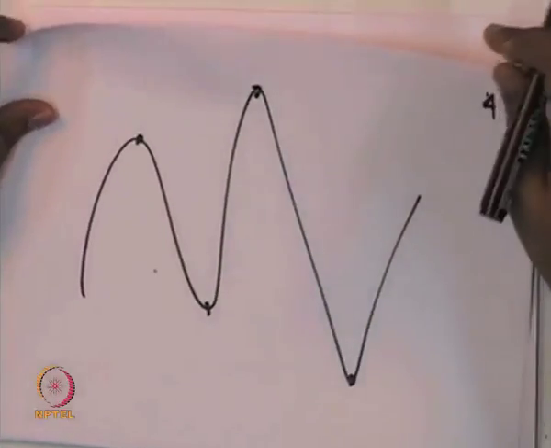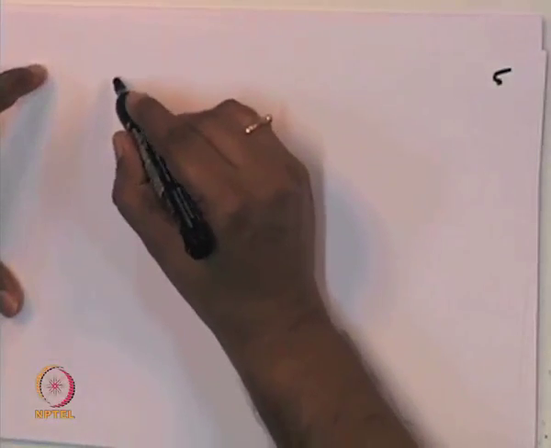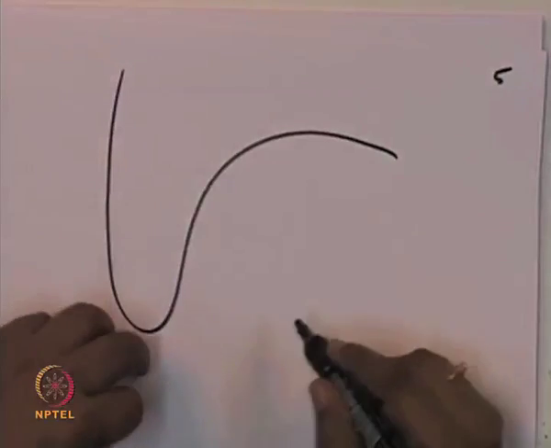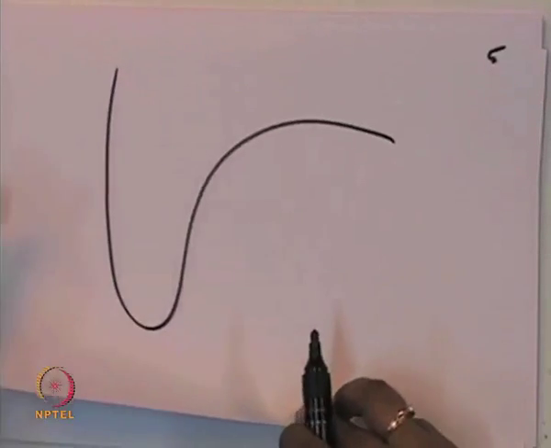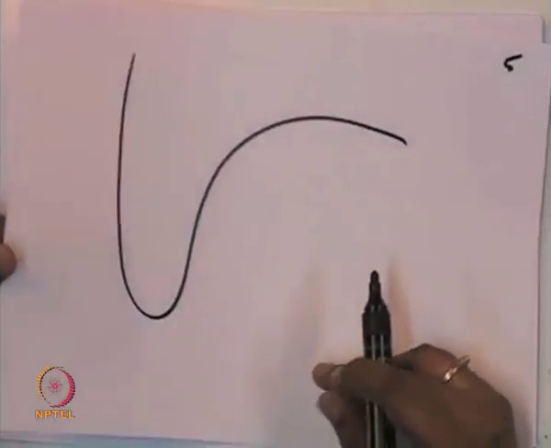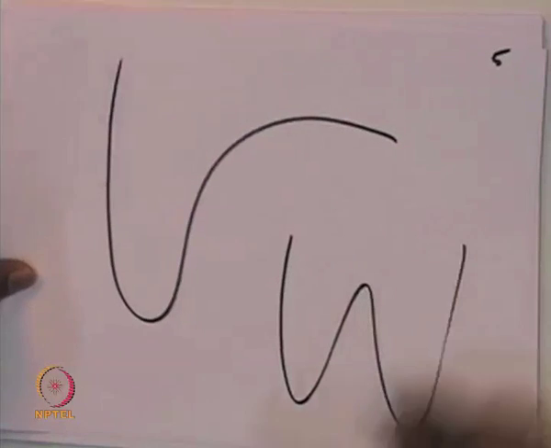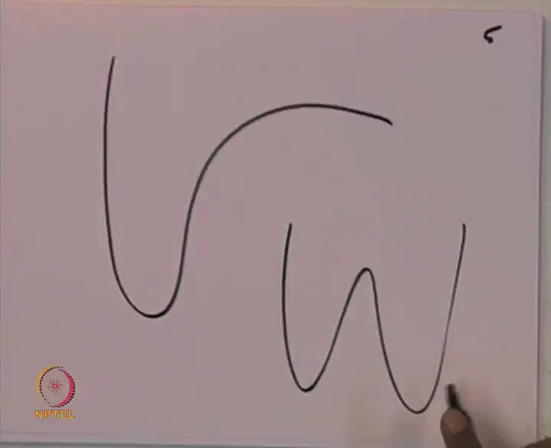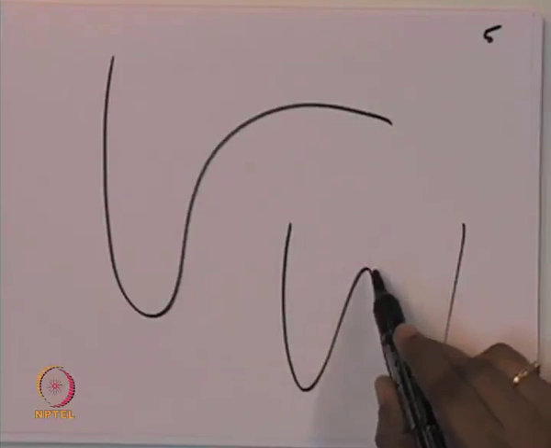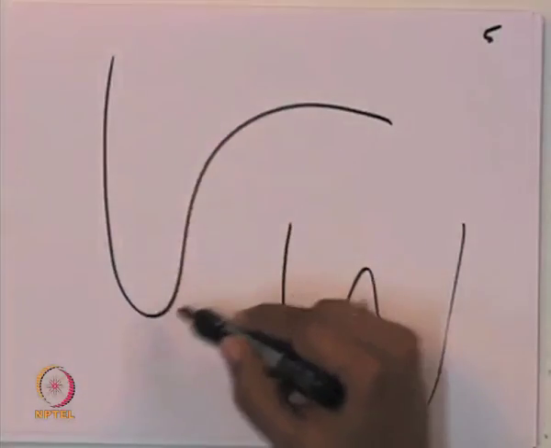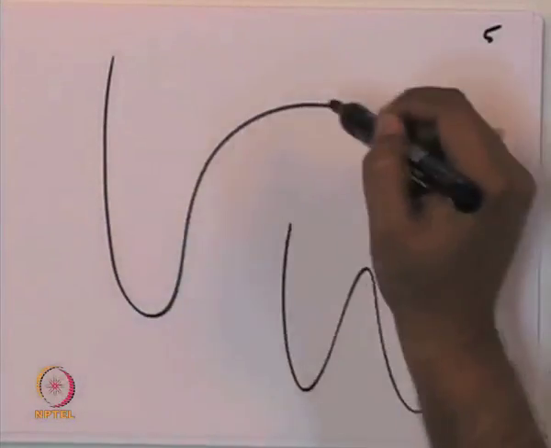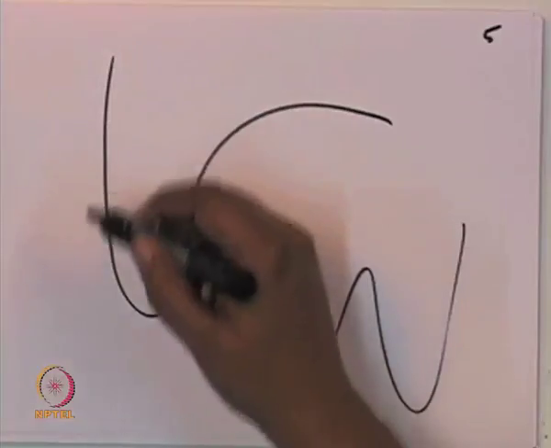Some other function might look like this, and as we were discussing with free energy, some function can look like this. All these functions have minima or maxima, where the function itself is changing its slope from either positive to negative or negative to positive. So, the slope is being changed. Those are the main points where it changes its direction.